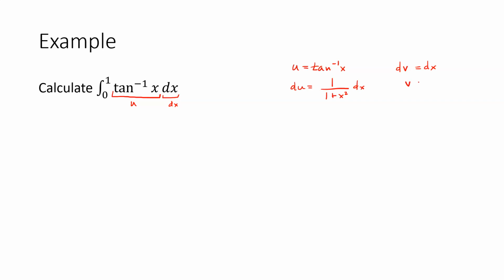And the v will be x. Now the parts formula again will be u times v, so x times tan inverse x. And in this case, evaluating from 0 to 1, minus the integral from 0 to 1 of v times du, which will be x over 1 plus x squared.